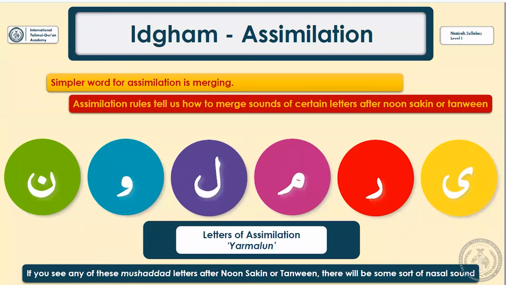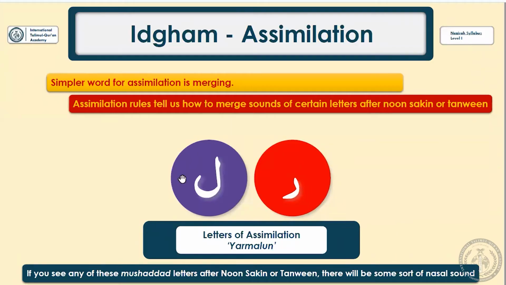If you see any of these letters after a Noon Sakin or Tanween, as long as they carry a mushaddad, so they carry a tashdid on top of them, and the letter before is a Noon Sakin or a Tanween, then assimilation, the rule of Idgham, will take place.